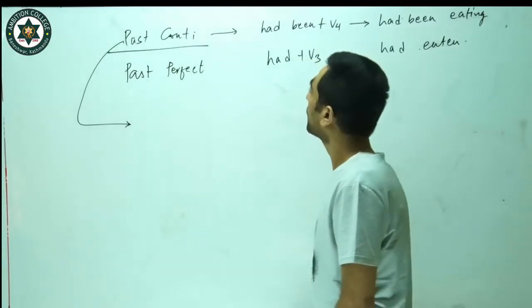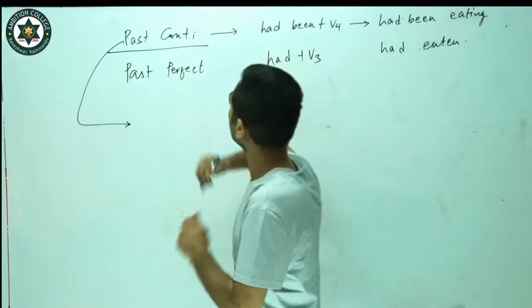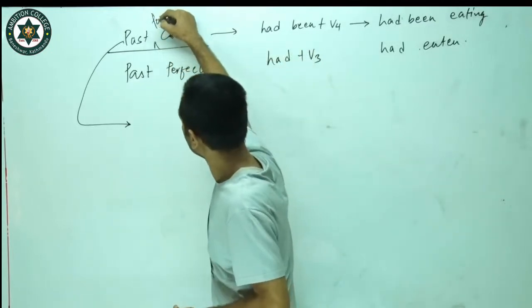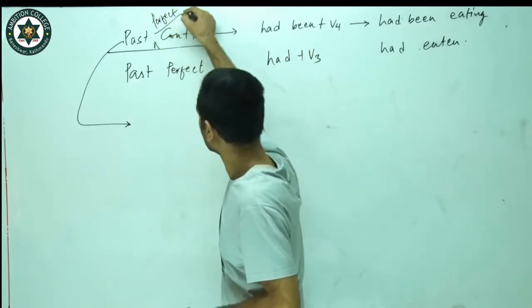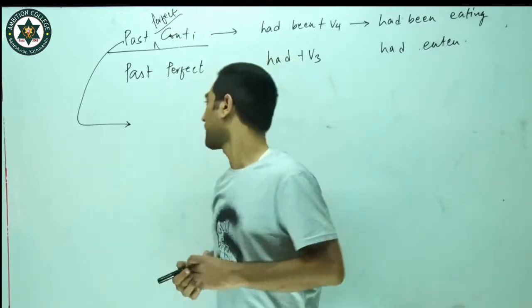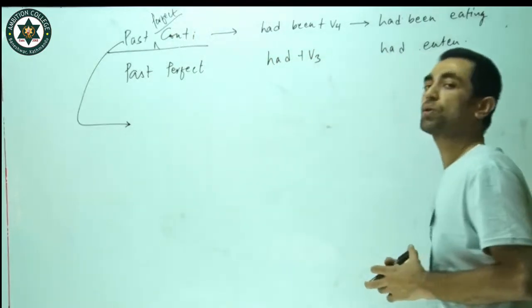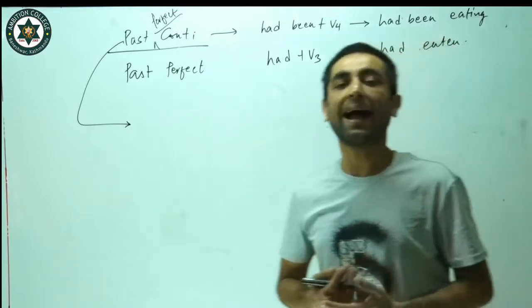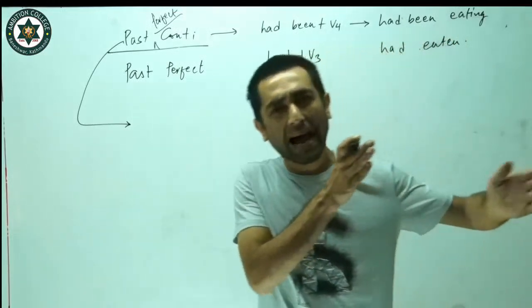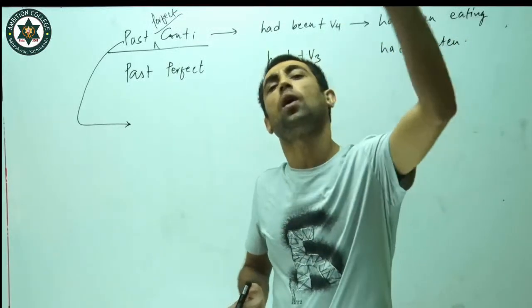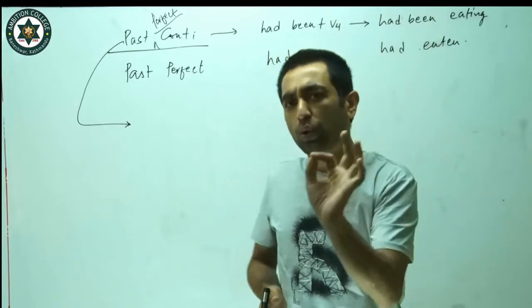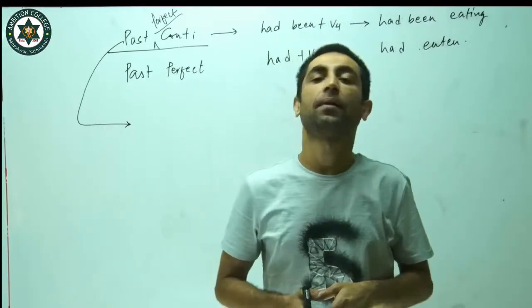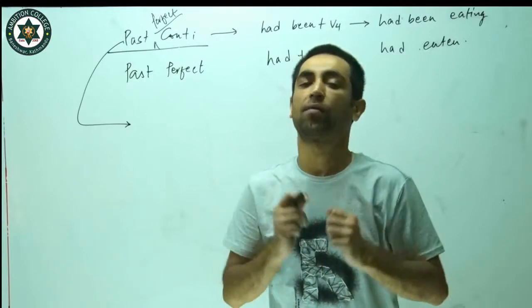With the help of past perfect continuous, we talk about something that has been carried from the unknown time to that moment of time in the past till you have observed.